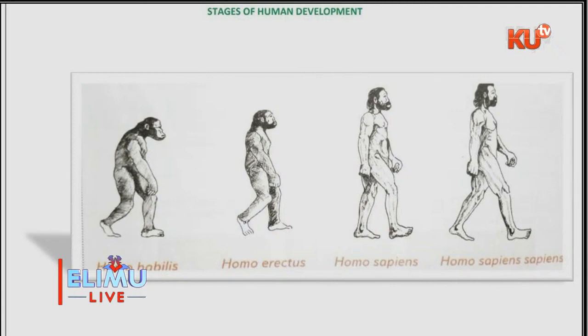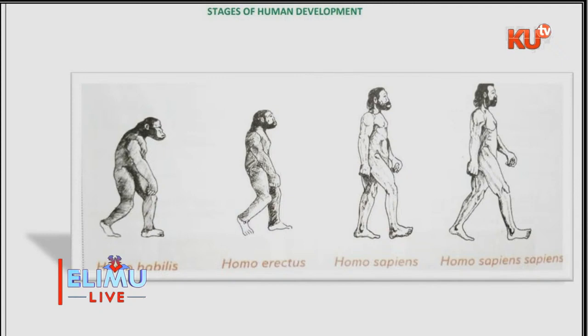The second one, as you can see, is Homo erectus. If you look clearly at the screen, Homo erectus, from the word erect meaning upright, is upright compared to Homo habilis. And if you look at the face of Homo erectus compared with Homo habilis, you'll still find that the face is slightly sharper. We go to the third one, which is Homo sapiens.